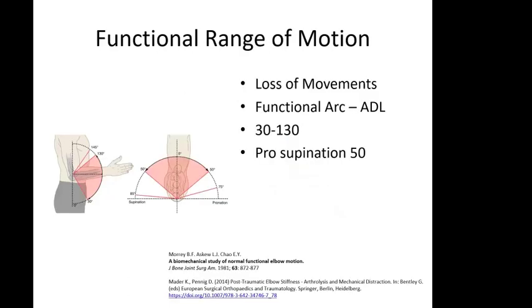Dr. Morrey noted that most activities of daily living would require a minimum of 100 degrees arc of elbow flexion, extension, and pronation-supination. However, greater motion may be required for personal hygiene, eating, and holding a phone to the ear, or typing.